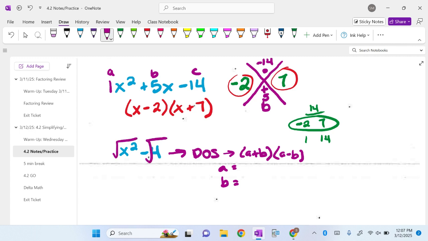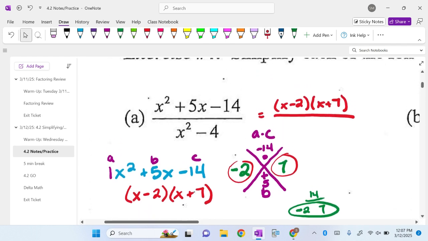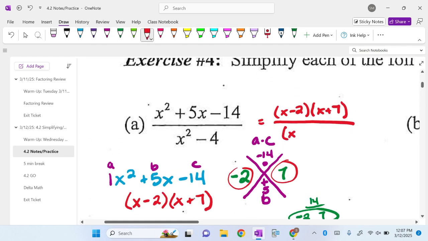What's the square root of x squared? X. Square root of 4? 2. So, given a and b, if we plug them back into the formula, what are my two factors? X plus 2, x minus 2, which I would write up here. So x plus 2, x minus 2.